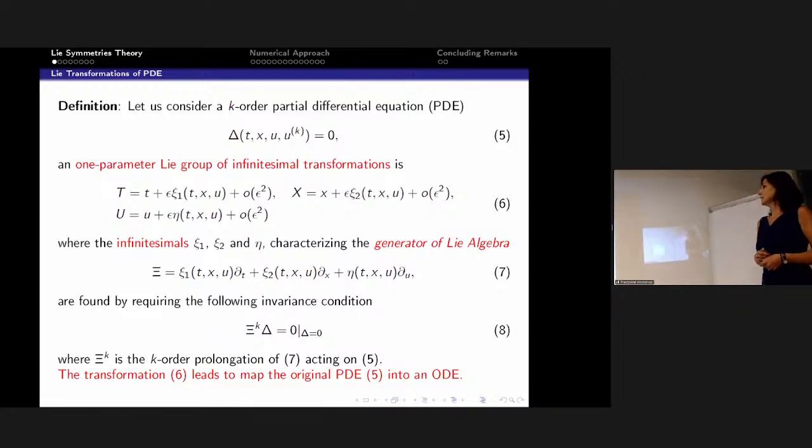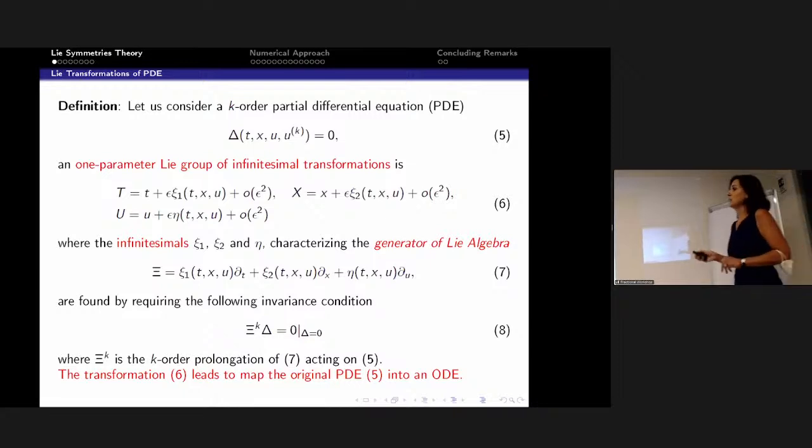Then the transformation number 6 allows us to map the original equation into a new ordinary differential one. This is the theory for partial differential equations of integer order.